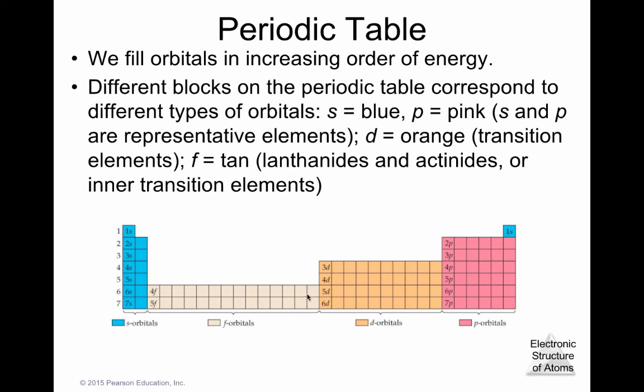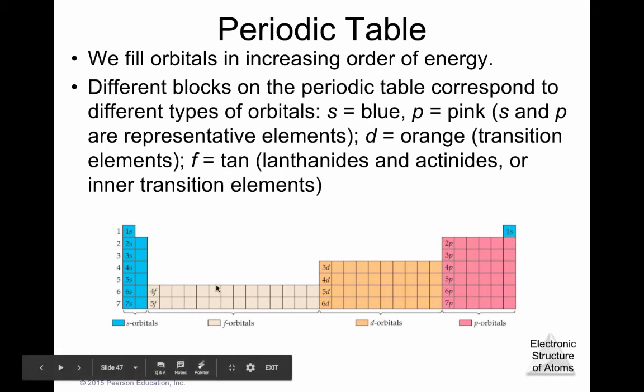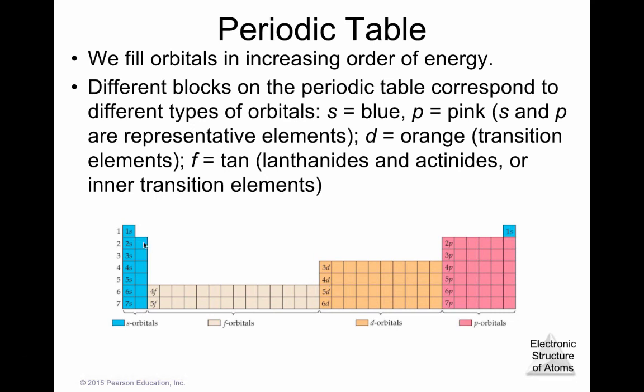So here's what your periodic table actually looks like. Usually we pull out the lanthanides and actinides and put them below, and then we squish the d block next to it. But the lanthanides and actinides actually fit in right here between the s and the d block. And so we would build across to write our electron configuration.